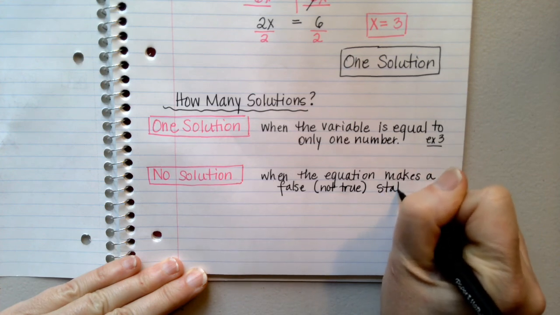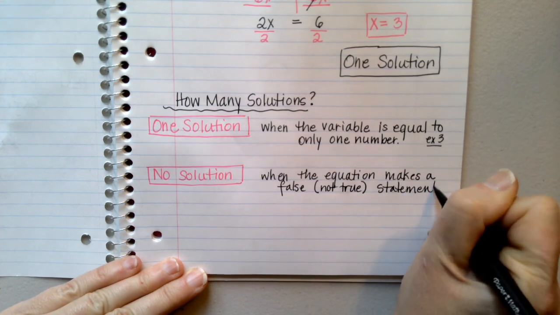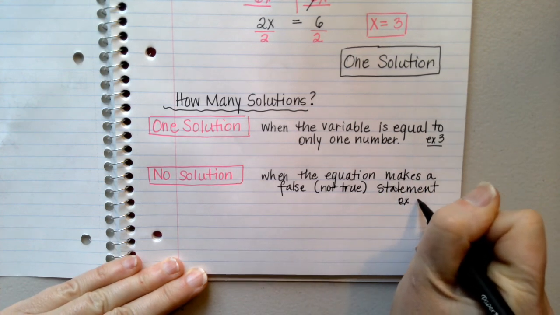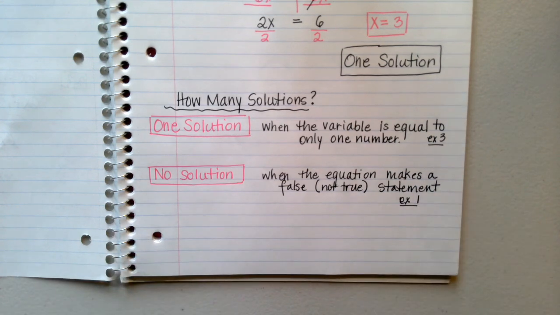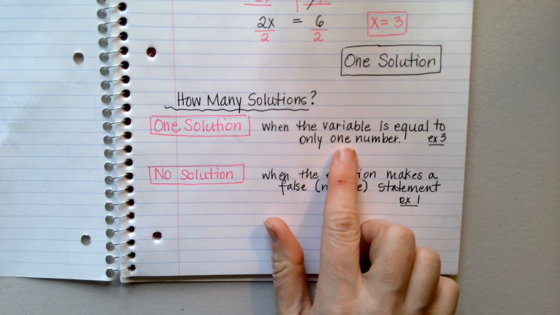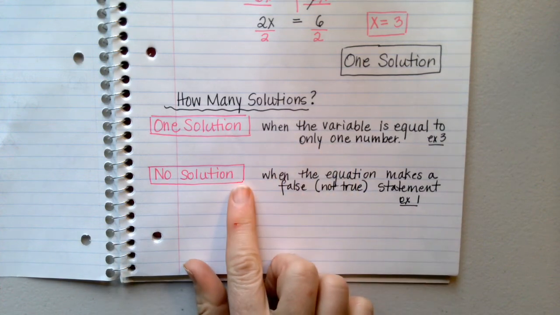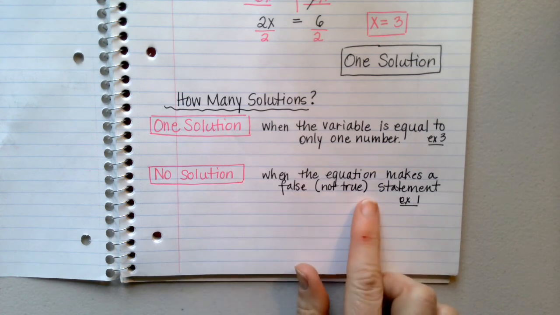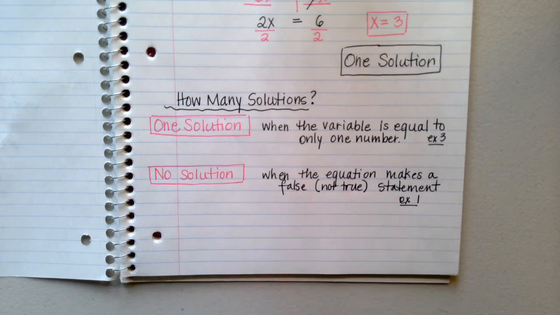And that was example 1, right? In example 1, when we solved it all the way through, it ended up saying 0 is equal to 1, except that that's not true because 0 isn't 1. So I get one solution when I get one answer. I have a no solution equation when my equation ends up making a statement that is not true.